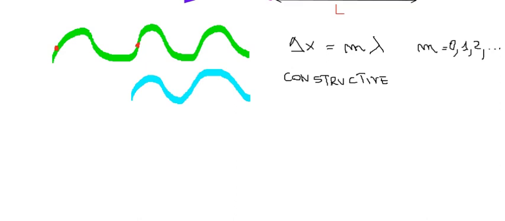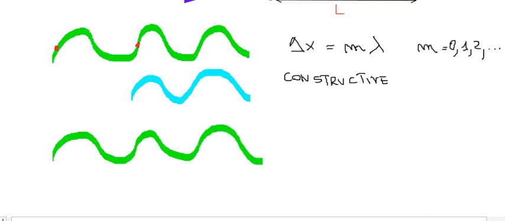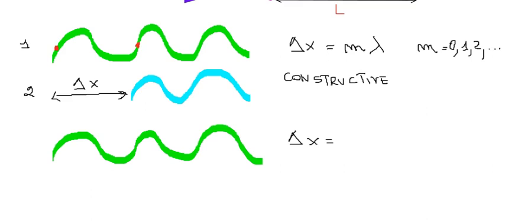If instead, and let me draw again the first wave, the path difference, in my previous picture, this is the path difference. It's like I have the source 1 and the source 2 that are starting slightly at different distances. So if instead the path difference is equal to half lambda, and let's say that I'm counting here, so this will be lambda, and half lambda is at the center over here.